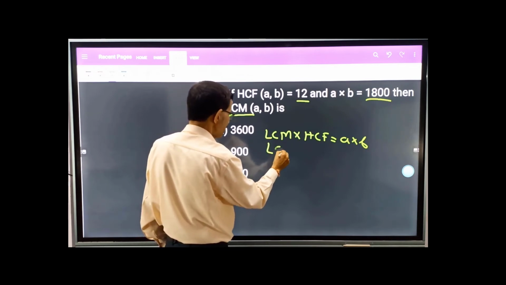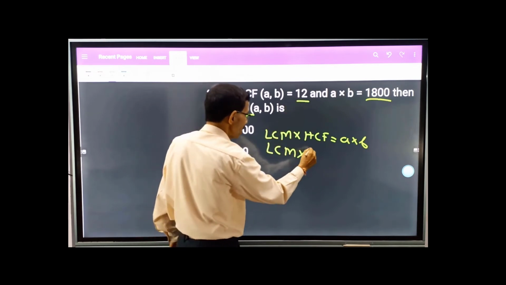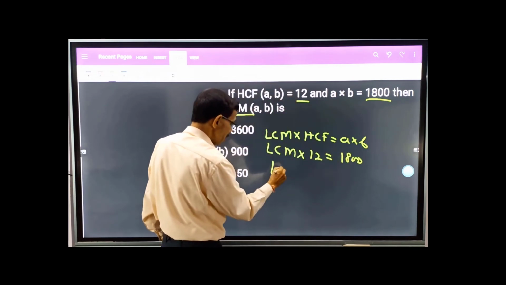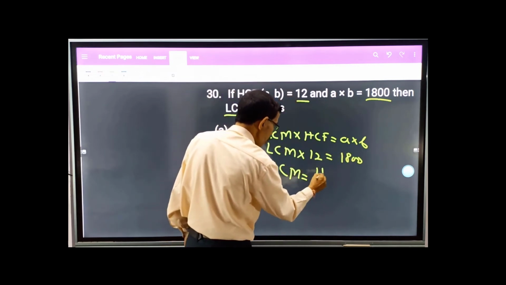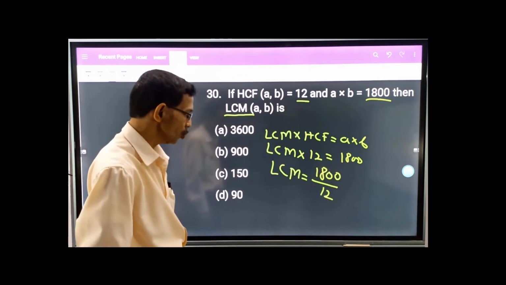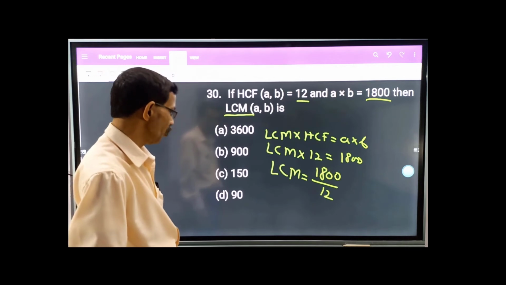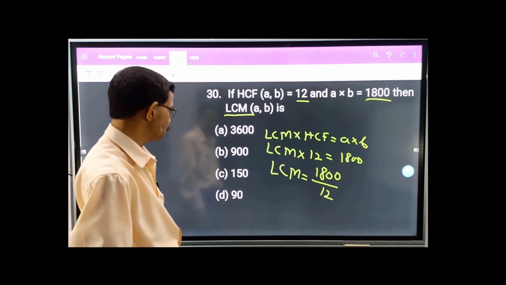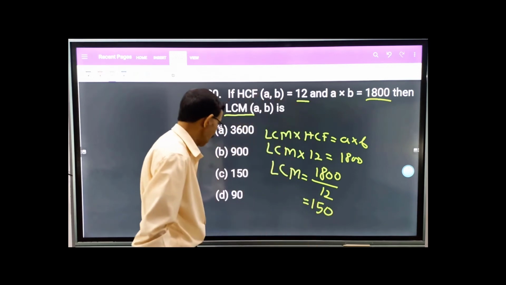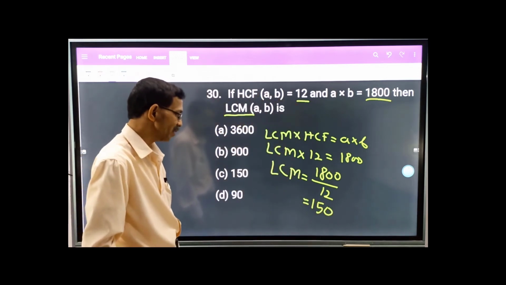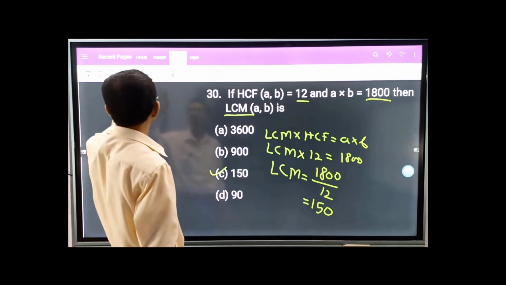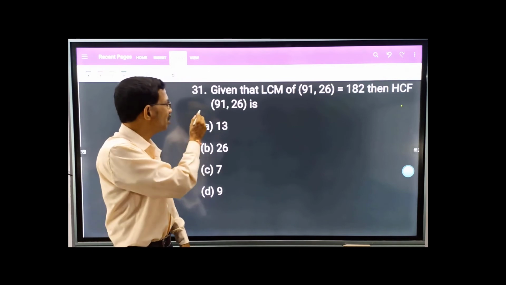LCM multiplied by HCF, that is 12, is equal to 1800. So LCM is equal to 1800 divided by 12. This will work out as 150, and therefore the correct answer is option C. Question number 31.